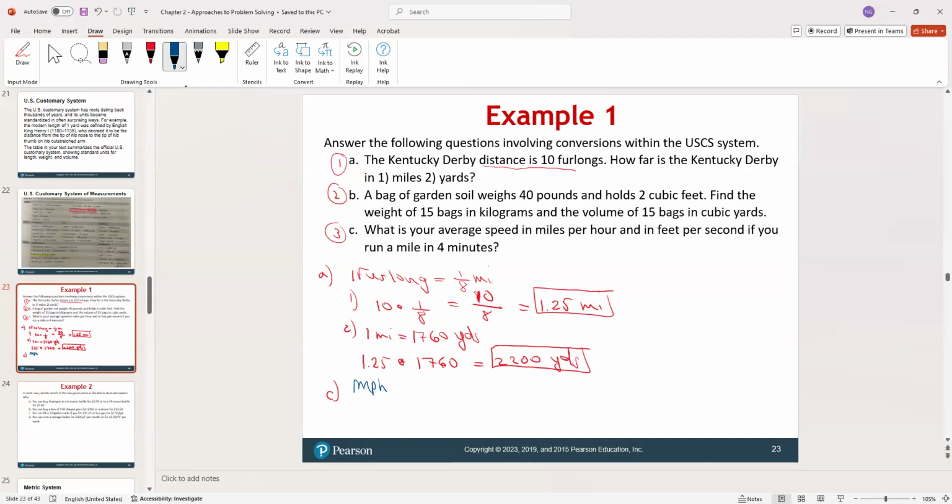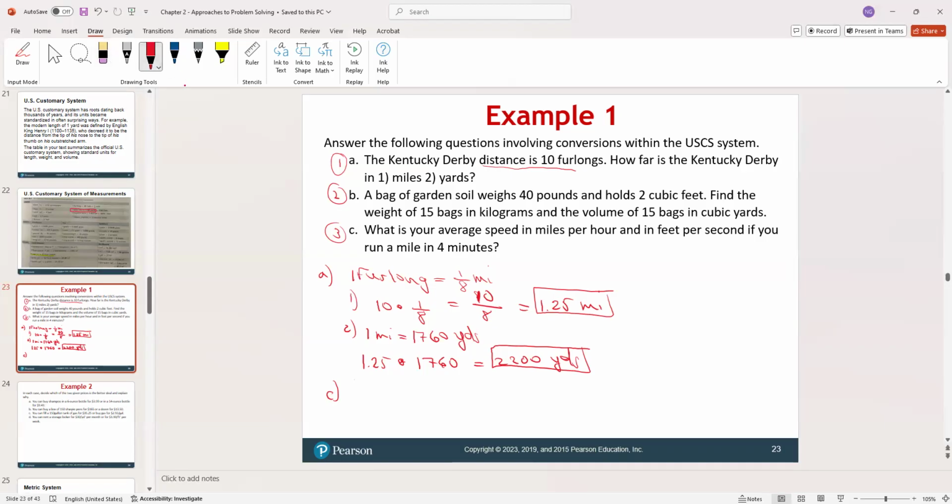What we can do in this case is a few computations. The first step is to work in minutes. We know 1 hour is 60 minutes. If you run 1 mile in 4 minutes, how many miles do you run in 60 minutes?